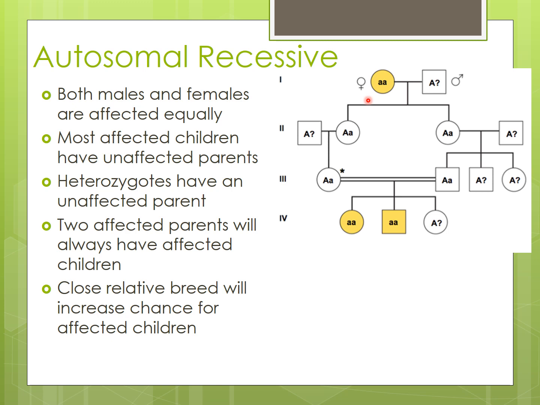But what can happen, as you can see down here in this pedigree, we had the affected female. She had two females who were heterozygous recessive, but they weren't affected by the disease. And then what happens here is you had cousins breeding. This is why interbreeding is often bad, because you have the appearance of these autosomal recessive diseases.